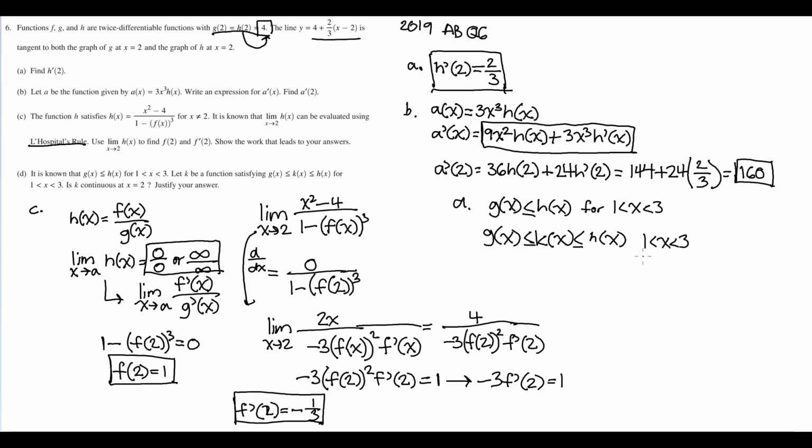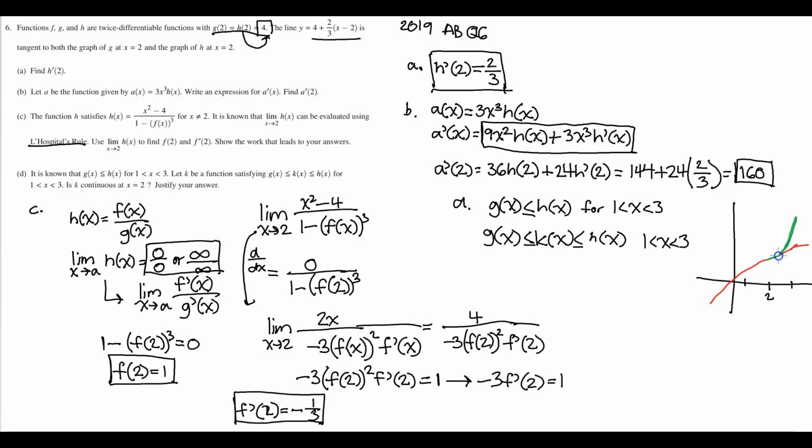Well, now what we have to do is visualize what this would look like. If I were to visualize this, this is 1, this is 3, this is 2. So this is G. I'm just redrawing it because this will be important later.